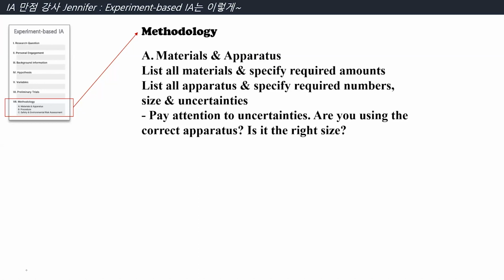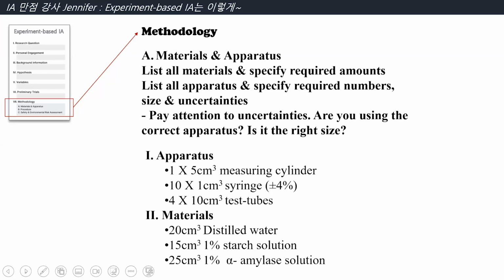So instead, use a 50 cubic centimeter pipette. Also, take photos of the apparatus you use in the experiments so that when the time comes for you to write up the IA, you can refer to your photos to complete the uncertainties. Don't ever think you'll be able to remember, because I can guarantee you won't.